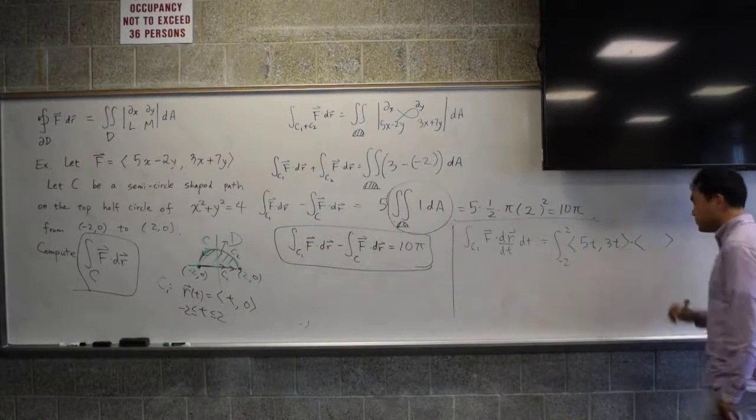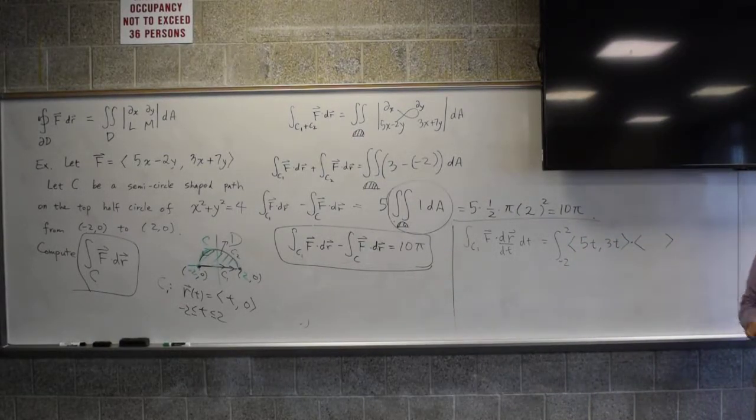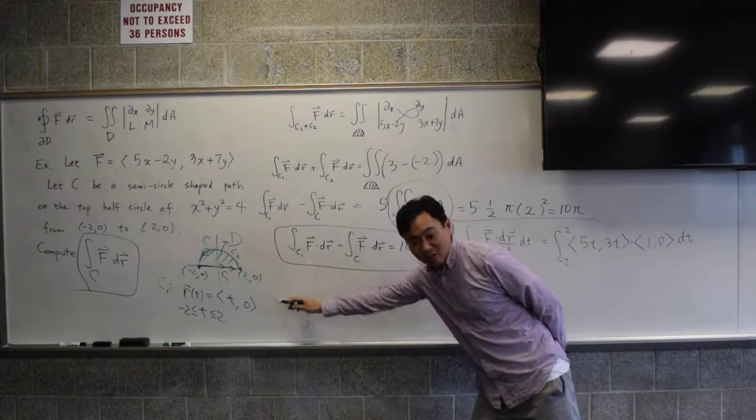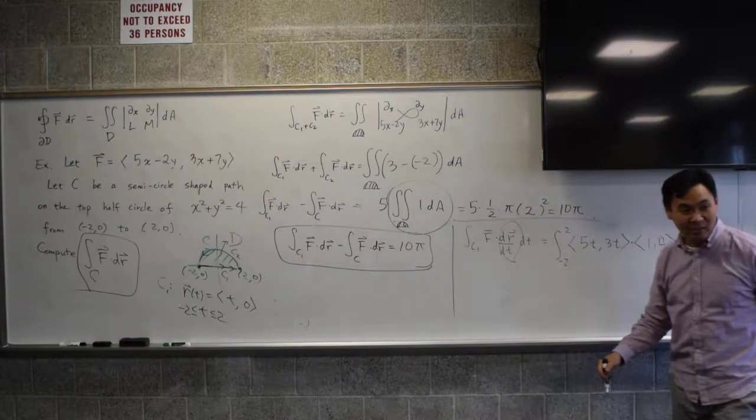Dotted with what? Dotted with 1, 0. Yes. Okay, way to go, Xander. Redeemed. Where am I getting the 1, 0 from? Differentiate this. It says differentiate, right? So 1, 0, okay?